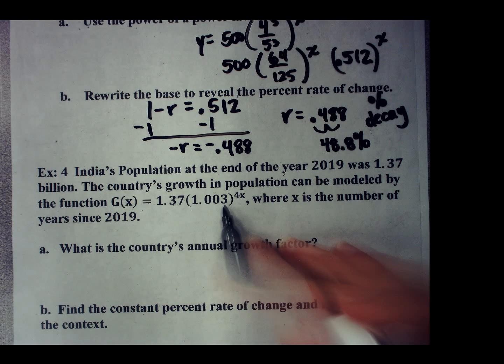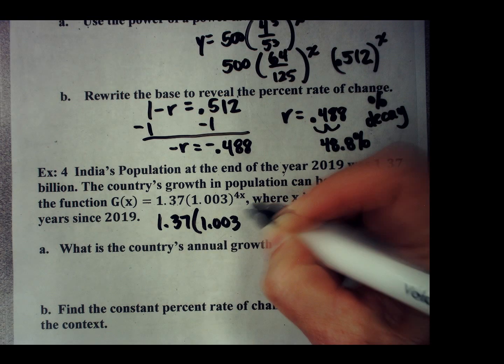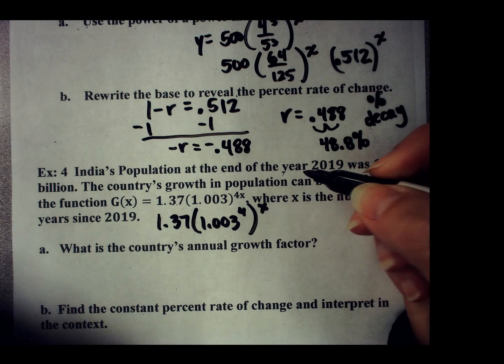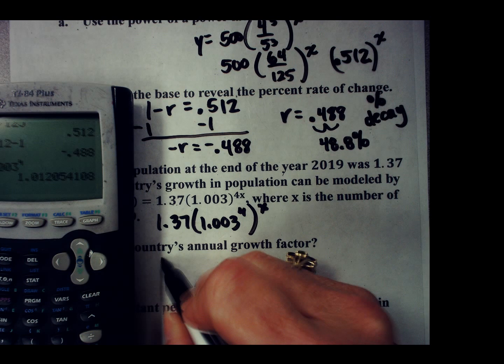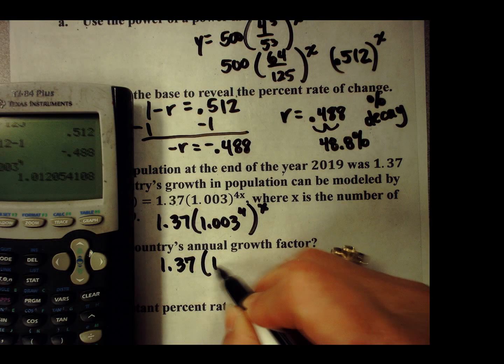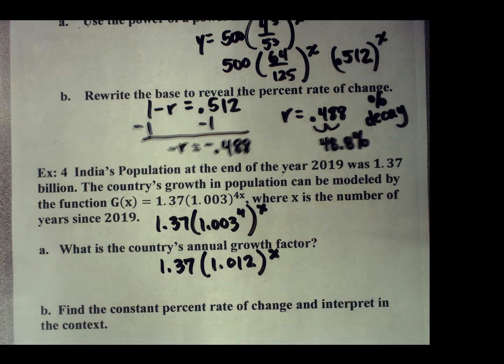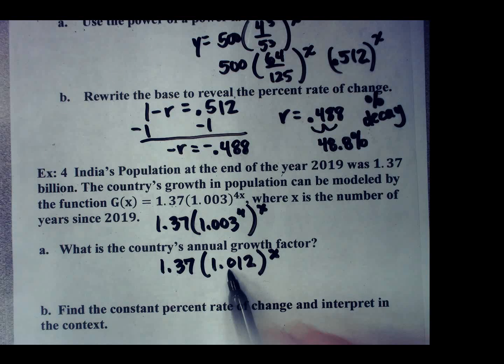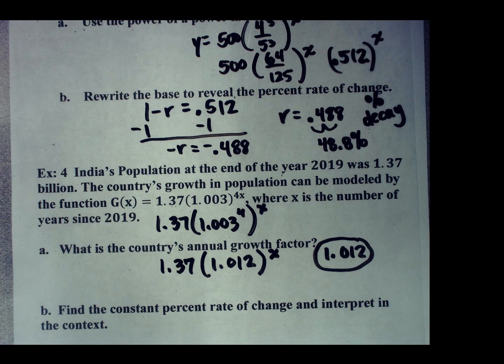So I'm going to do 1.003 raised to the 4th power and see what that gets me. Okay, so that's going to be 1.012. So the growth factor is 1.012. Now we want to know what the percent of that is.